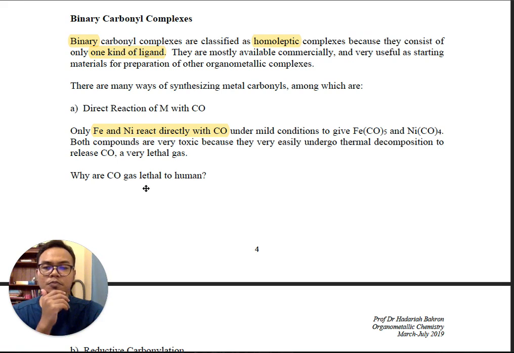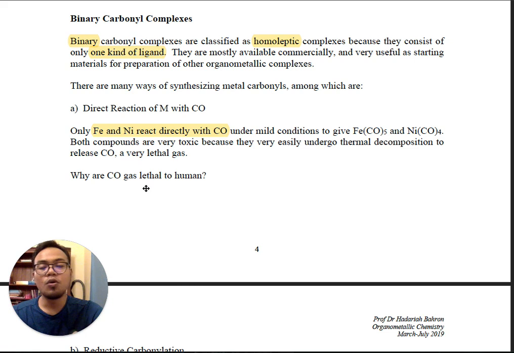A normal binary compound like nitrogen monoxide is a binary compound. It has nitrogen, it has oxygen. Regardless of the number of nitrogen and oxygen in that formation, as long as you have nitrogen and oxygen, it is called binary. I hope it is clear.